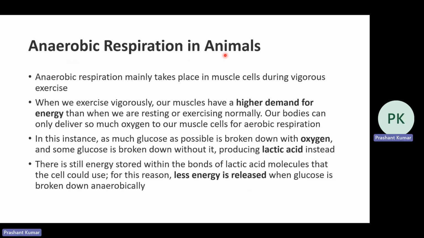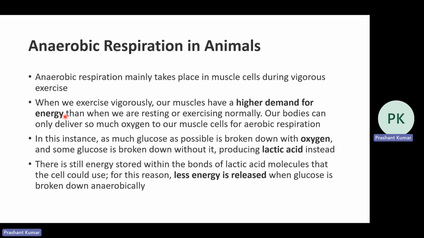Anaerobic respiration in animals mainly takes place in muscle cells during vigorous exercise. When we exercise vigorously, our muscles have a higher demand of oxygen, actually energy, actually both. Because first we start doing muscle activity, the first thing the muscles need is the energy.